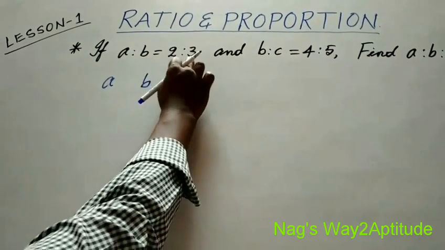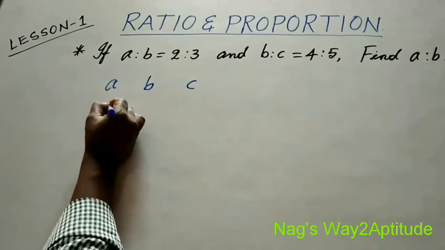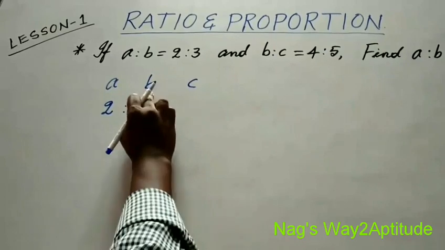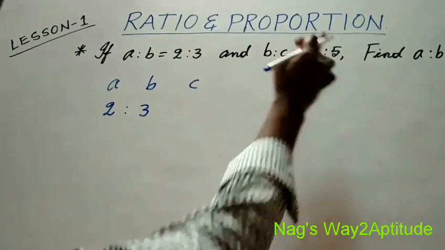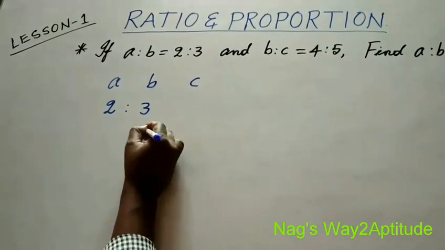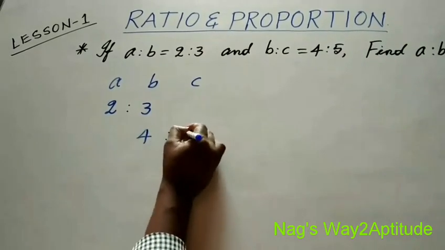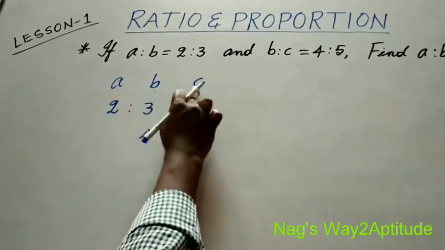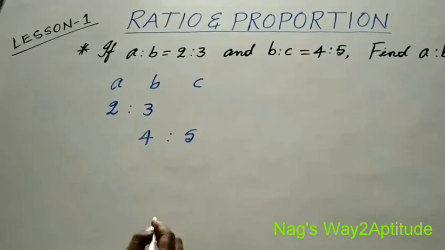A is to B is 2:3. So write 2:3. What is the value of B is to C? 4:5. So write 4:5. A is to B value is 2:3 and B is to C value is 4:5.